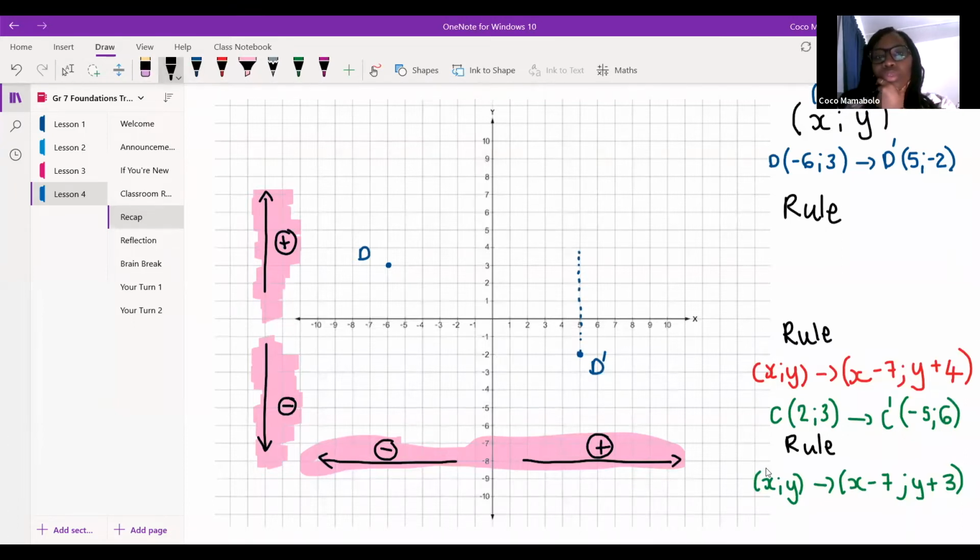Right. Good. Let's count how many times. 1, 2, 3, 4, 5, 6, 7, 8, 9, 10, 11 times. Good. So it's 11. So my rule is going to say we moved from X, Y, and we went to, what does my rule say now? We move to the right.